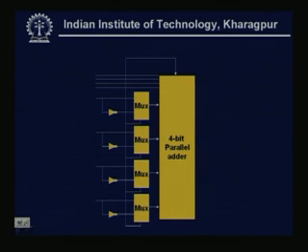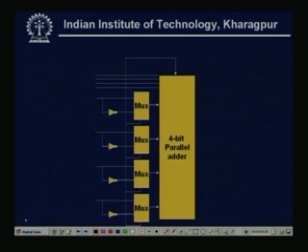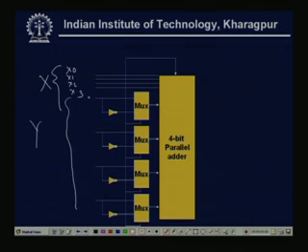It has 4 bits. So, these are my x lines, x0, x1, x2, x3, and these are my y lines. So, this is y0, y1, y2, y3.